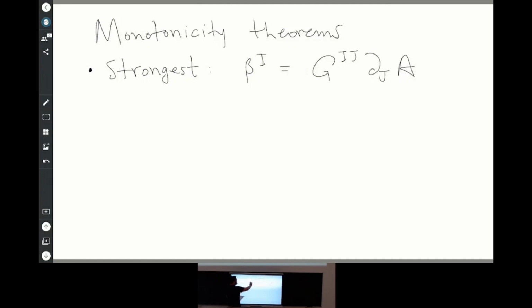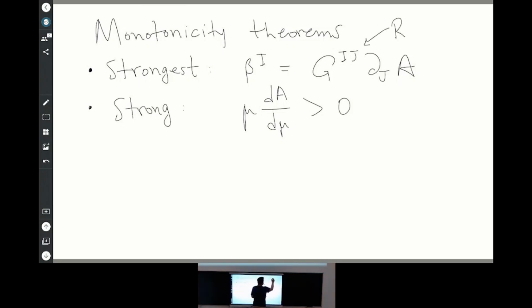So this is the strongest version of monotonicity theorems. You could call it the strongest version of the A theorem or the C theorem. And then there is the strong version, which tells you that there exists a quantity A that is monotonically decreasing. Okay? So the strongest version tells you that there is, maybe I should say here that this metric over here should be Riemannian.